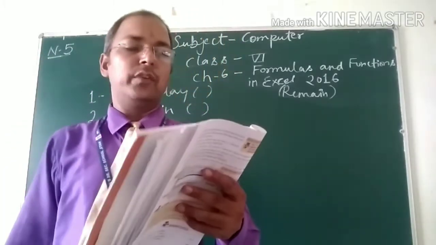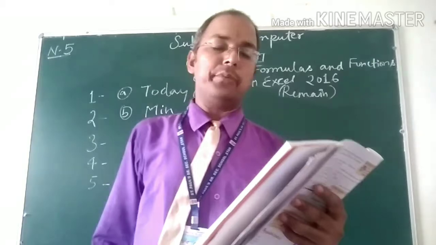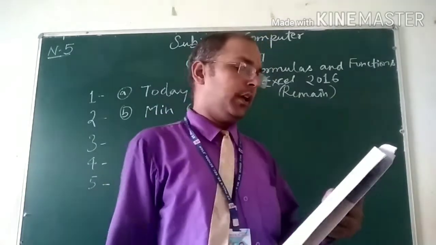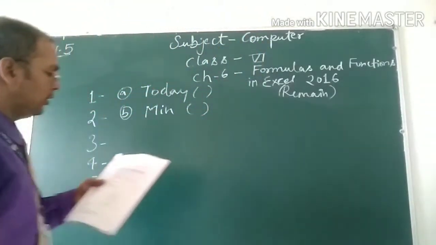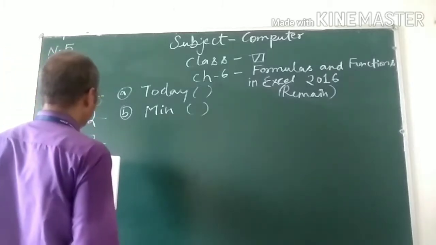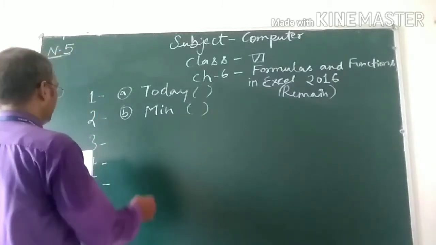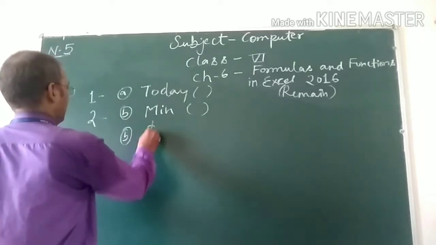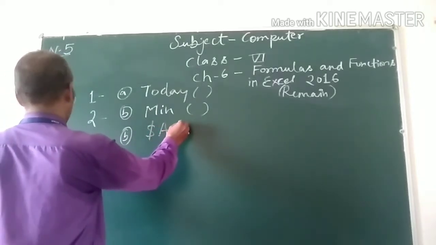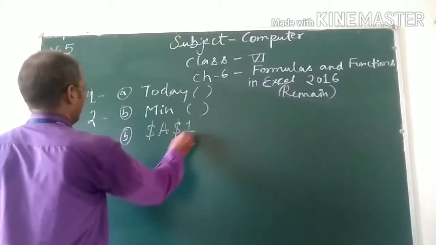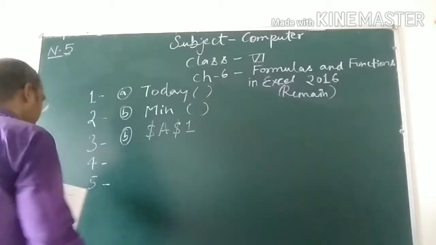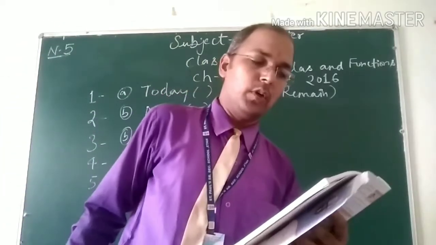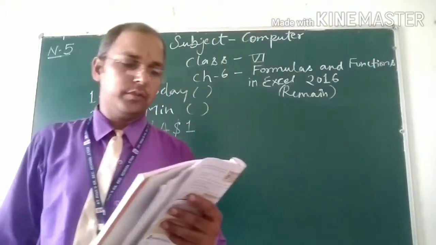Third, which cell reference is an example of an absolute cell reference? A, $A1; B, $A$1; C, A$1. So the answer is B, $A$1. Next, question number 4. To modify a formula, use which key?